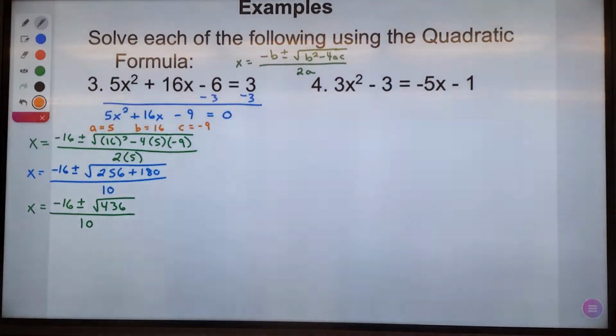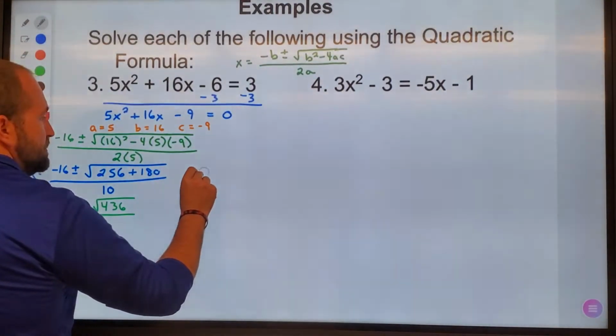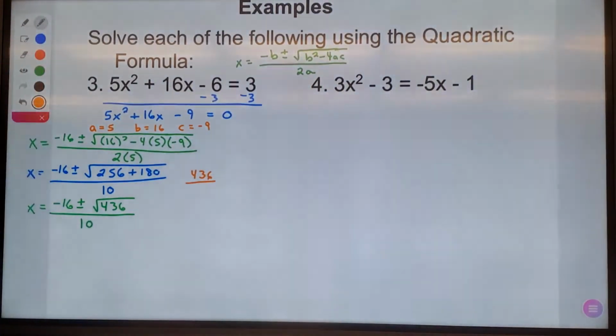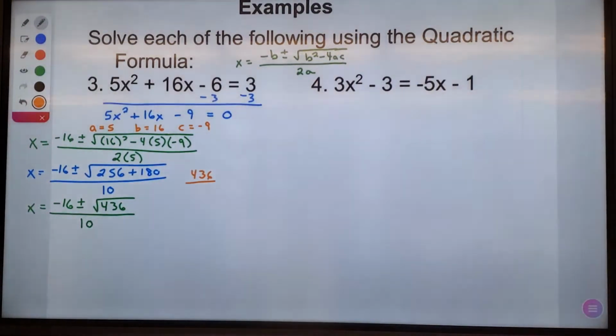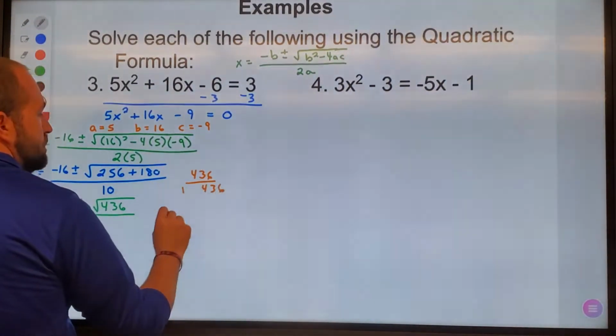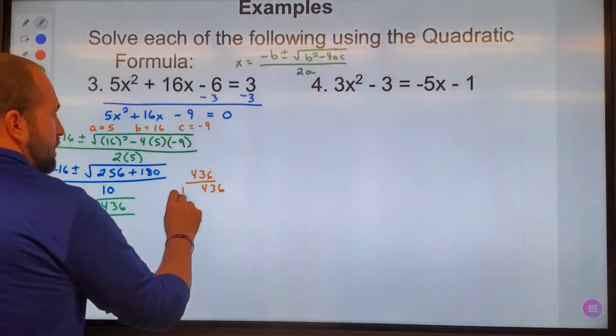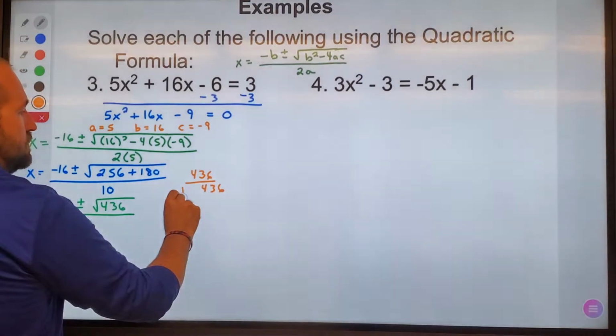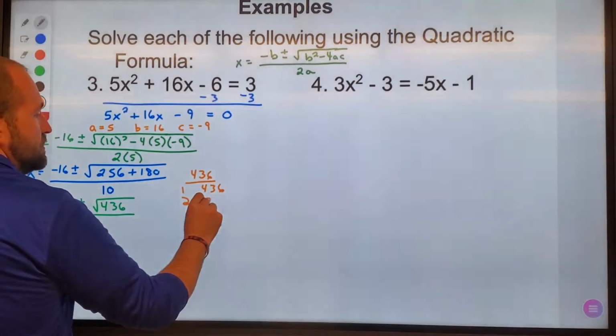And what we'll notice here is that 436 is not a perfect square. However, it does have perfect square factors, so we have to simplify this. So the square root of 436, I want to take 436, and I'm going to list all the factors of 436. 1, and in 436, I have 2 and 218.